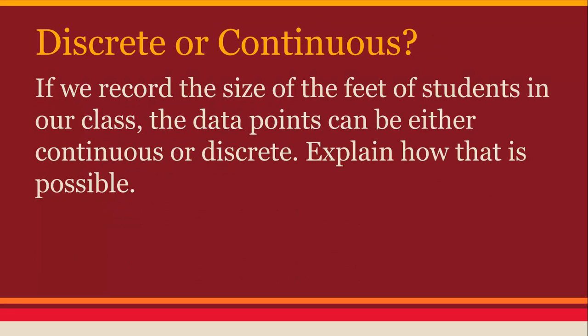Okay. So discrete or continuous. If we record the size of feet of students in our class, the data points can be either continuous or discrete. And we want to explain how that's possible. This is actually true, the data points can be either continuous or discrete.